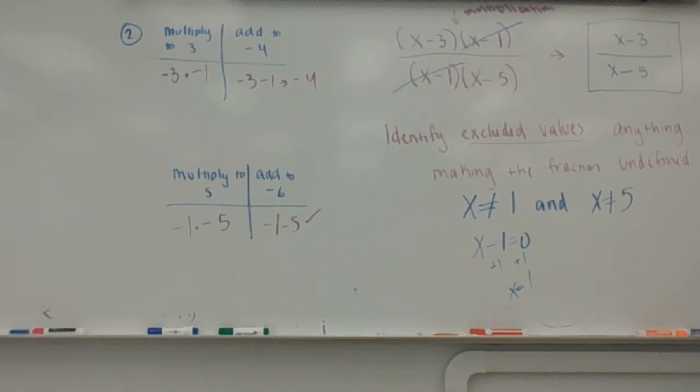I'm going to note that here. That's important. You look at the fraction before reducing to identify excluded values. Some people might just put 5, but that 1 has to be in there. They will end up becoming really important for graphing. There'll be holes in the graph. This graph looks something like this.